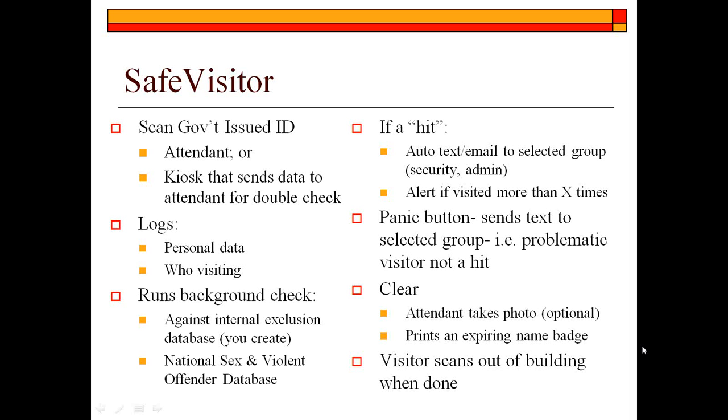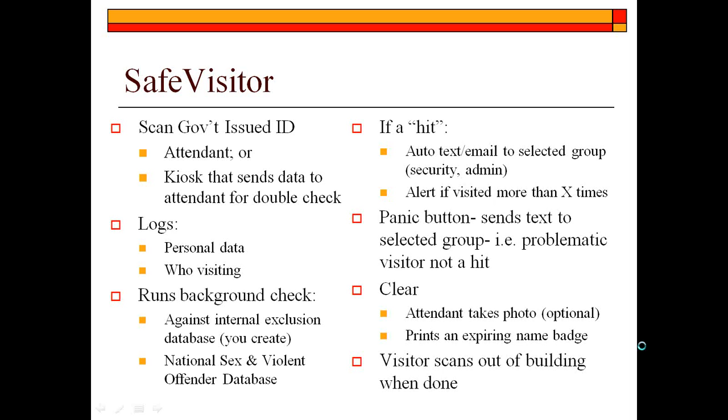And so we're working on, in the next phase, that it will send a notification to that pre-selected group, administrator, security, whomever. If there is a lockdown, it will generate a report and automatically send that to them as a text or email file, so they know exactly who's in the building at any given time if there's an emergency situation.